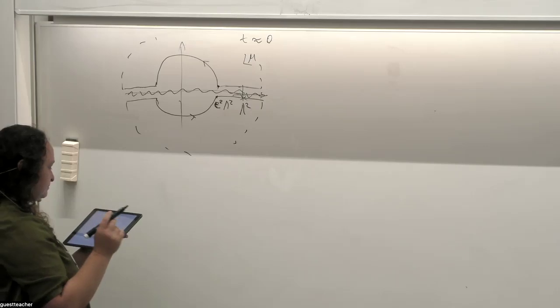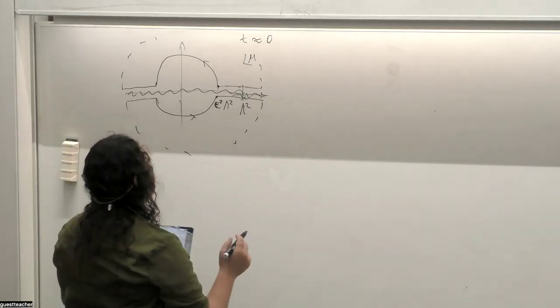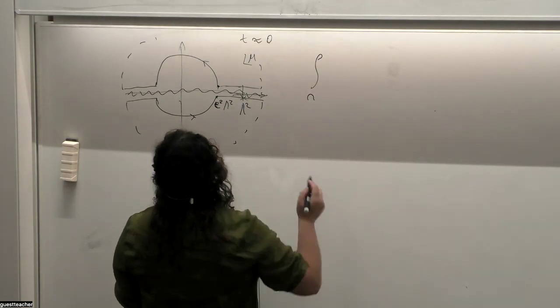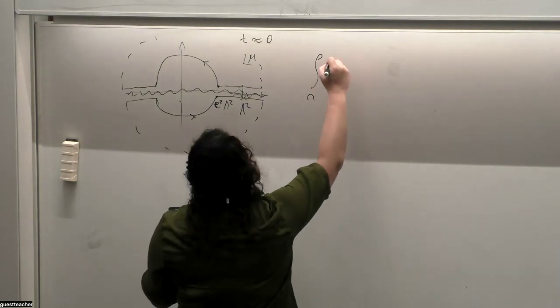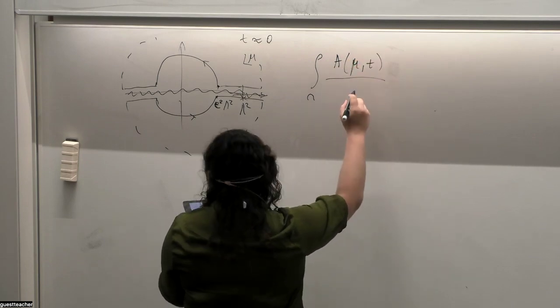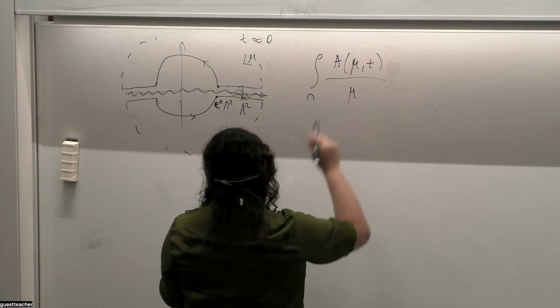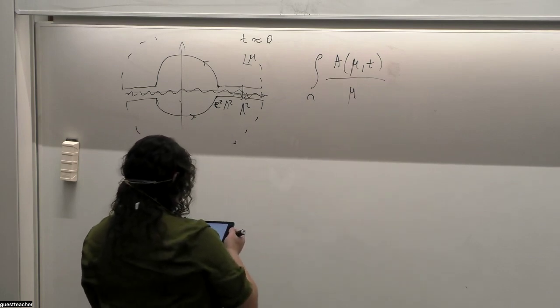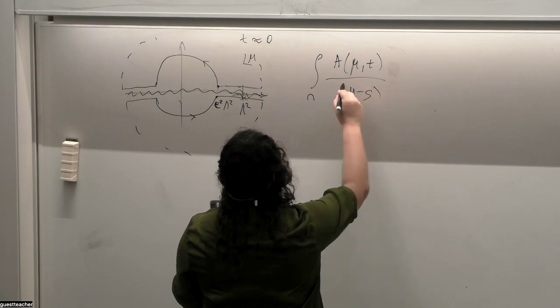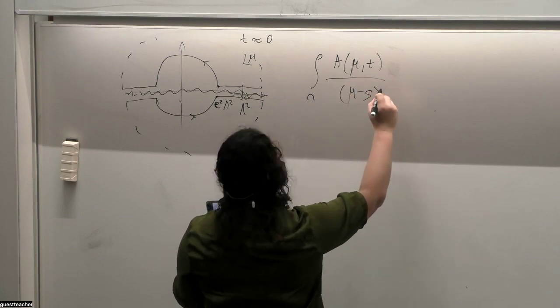And I'm computing the integral over the arc of the same amplitude A(mu, t) over (mu minus s) cubed, for example.